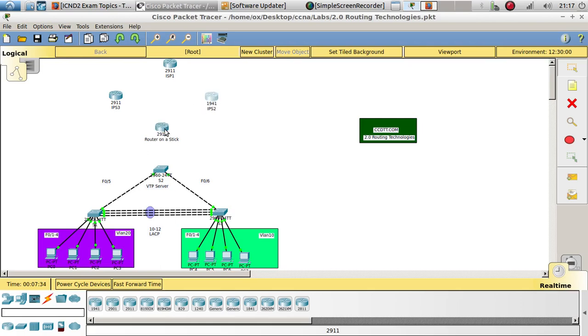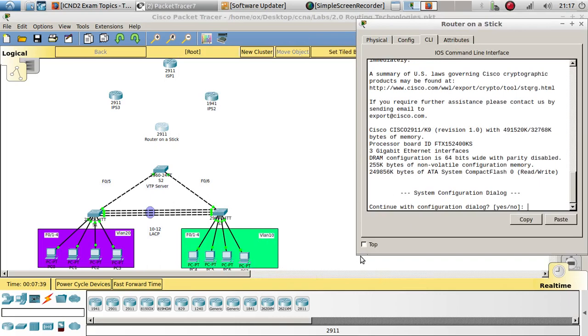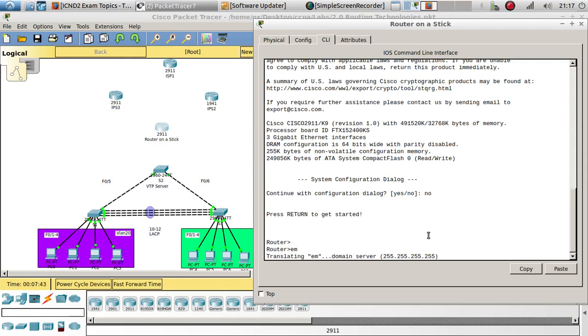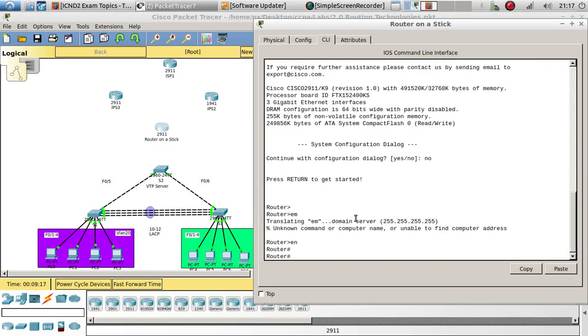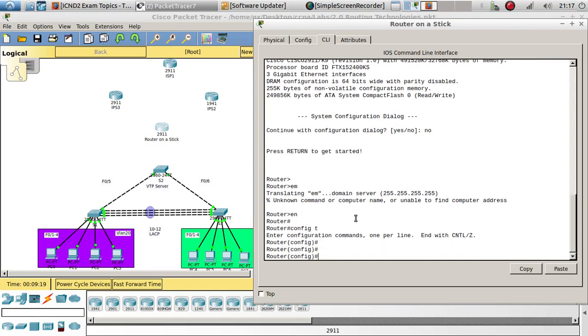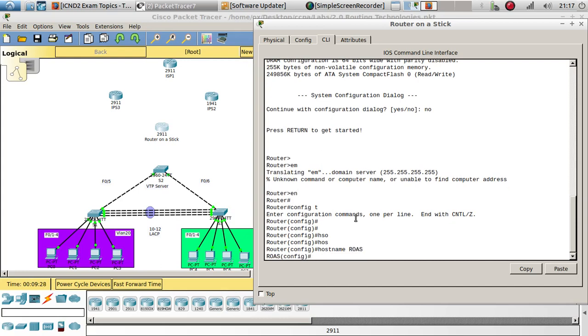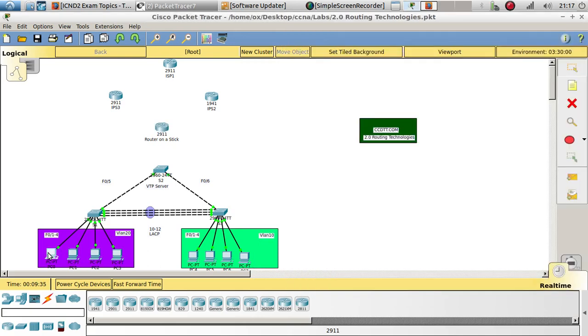Let's start configuring this. The router on a stick is going to be the first one that I want to configure. So enable, config t. Let's give it a host name, and let's put router on a stick, ROAS.